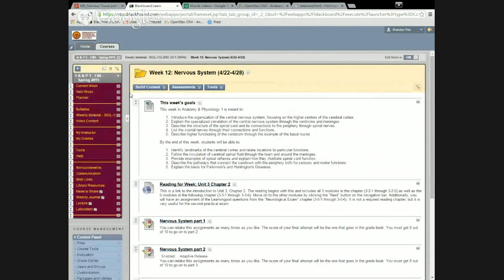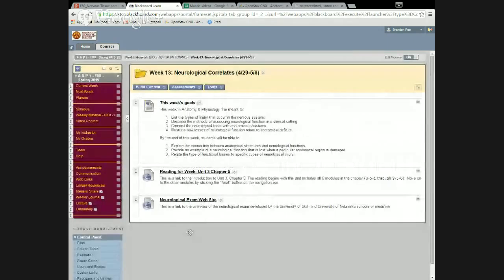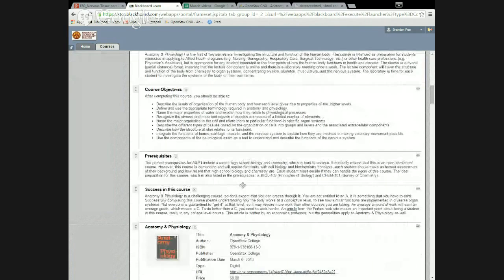But in that following week, which is week 13, the neurological correlates one, there's nothing in there. Okay. Now there used to be a learning pod assignment in there, but I'm not doing learning pods anymore, so there's not even a learning pod assignment there. There's no assignments here. There's just the reading. This is a link to the chapter on the neurological exam. This other thing in here is a link to a website that I'm going to use as we're talking about that stuff that week.